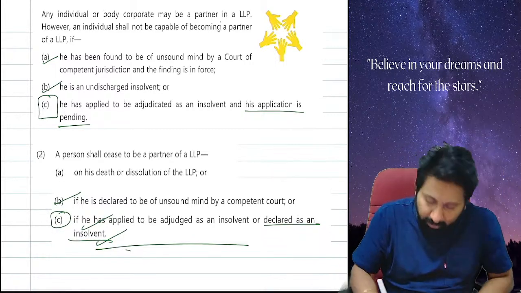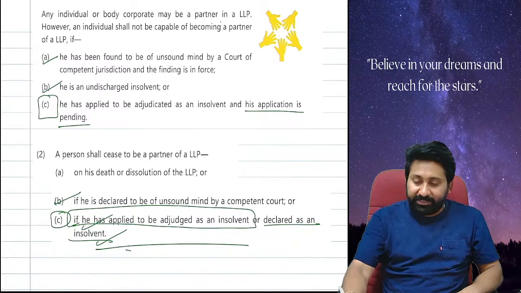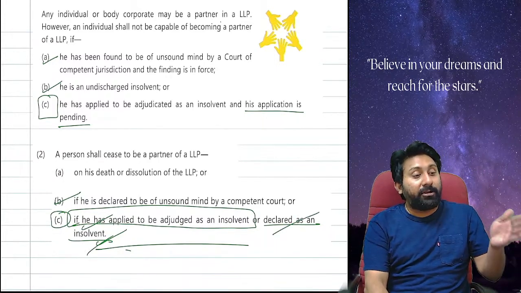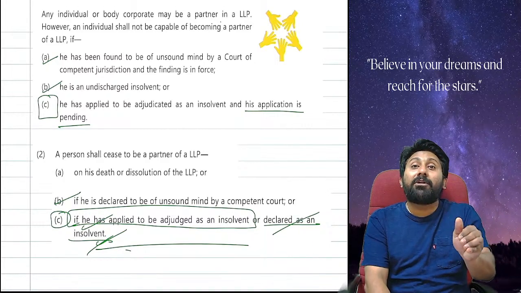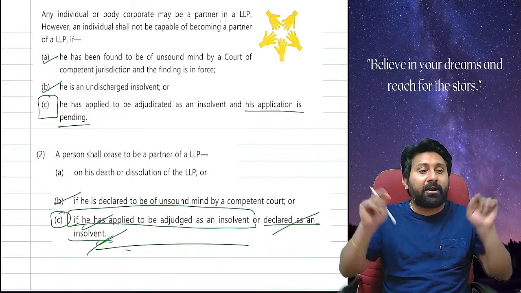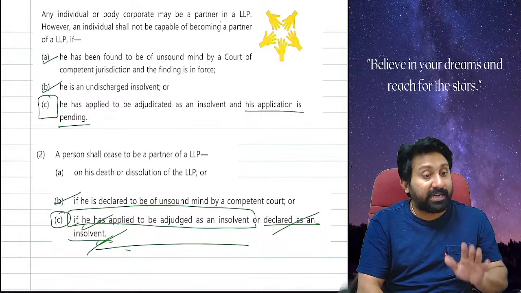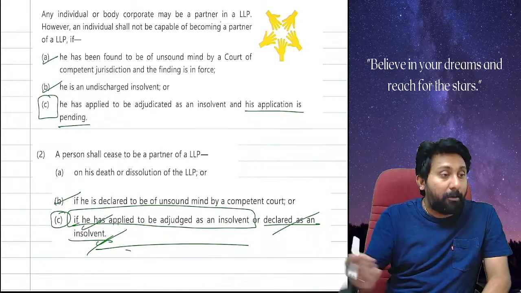The second part we already completed. The moment you make the application, vacation gets attracted, and for the entire pending period of judgment you will be disqualified. Let us understand how this will apply, and we will merge point C with point B as well.